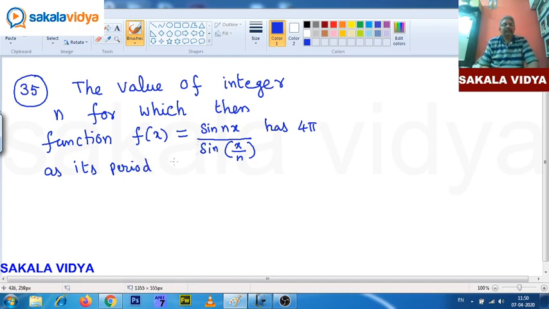Okay. Then we need to find out the n value. First option 2, second option 3, third option 4, fourth option 5.